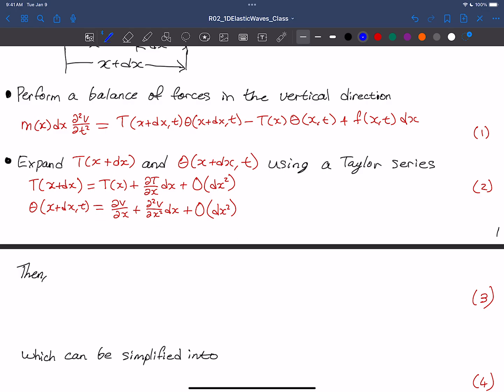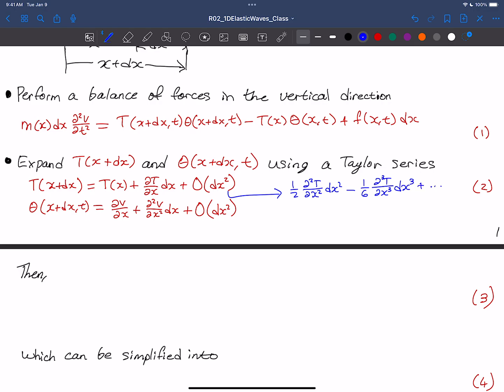So the big O of dx squared means the following. Actually, we'll do it for the tension. This will include terms like 1/2 partial squared t over partial x squared times dx squared minus 1/6 partial cubed t over partial x cubed dx cubed plus dot dot dot.